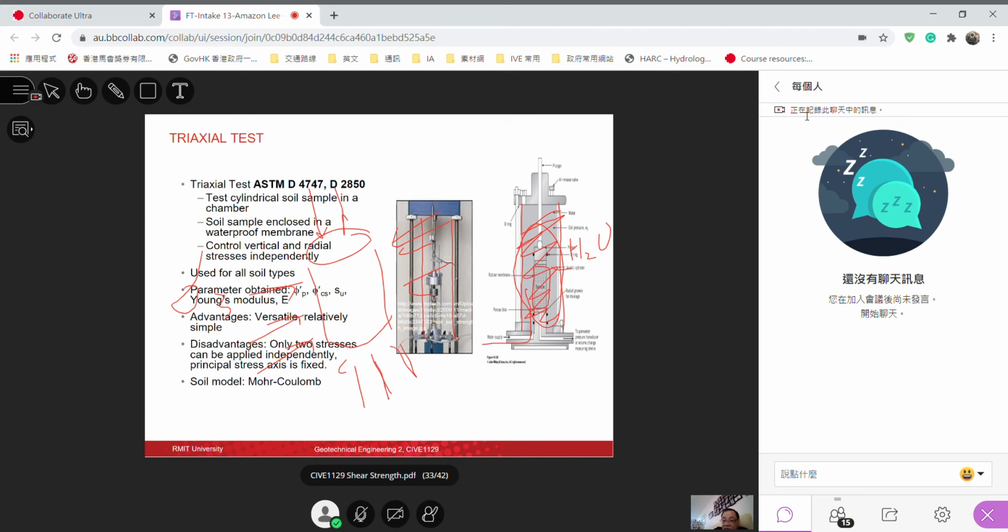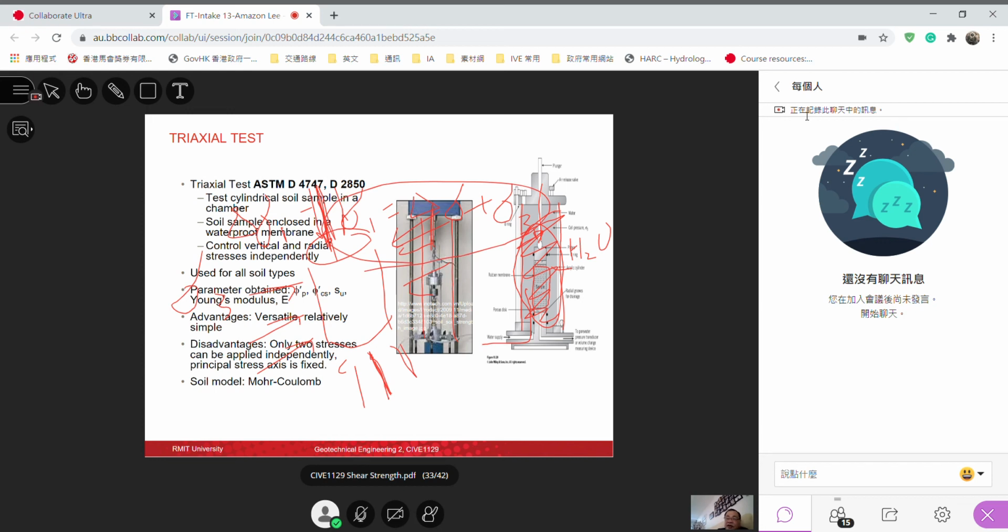And then you see this piston. The piston applies the additional stress in a vertical direction until failure. So your sigma 1 will be equal to the additional stress we add through the piston plus the original confining stress.